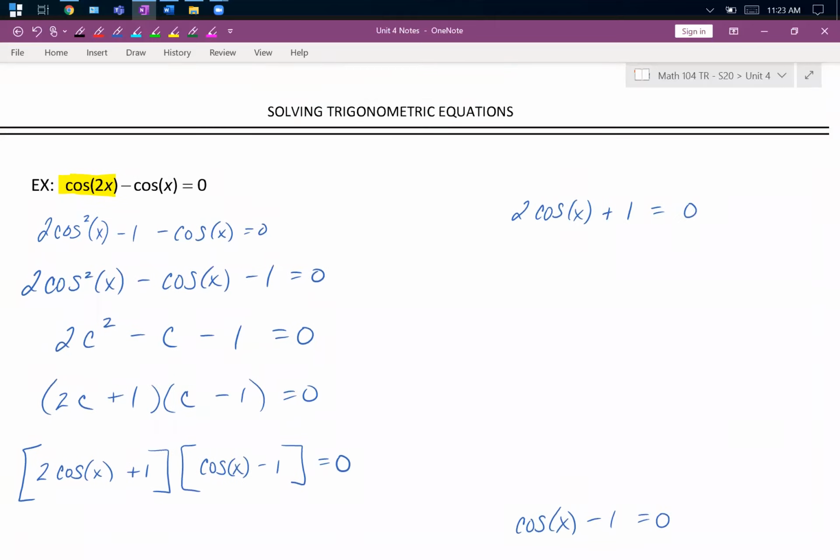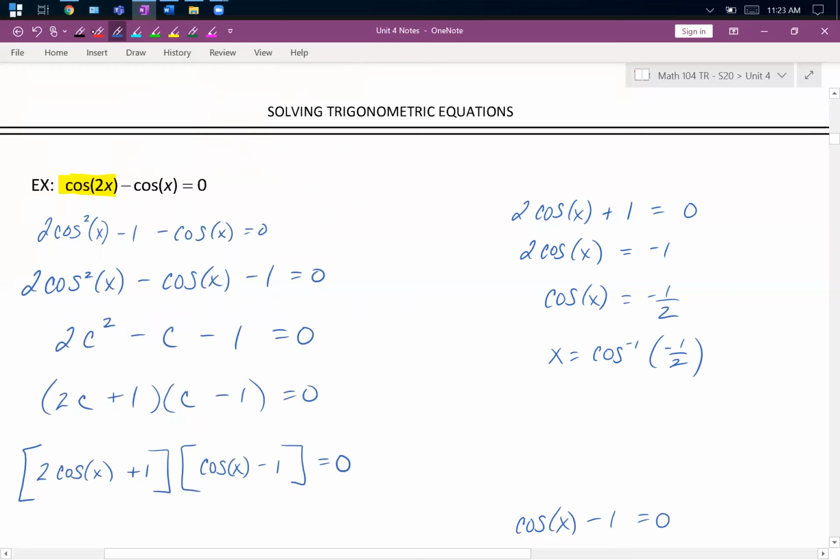We'll start by isolating the cosine. So I'm going to subtract 1 and divide by 2. If cosine of x equals -1/2, that means x equals cosine inverse of -1/2.